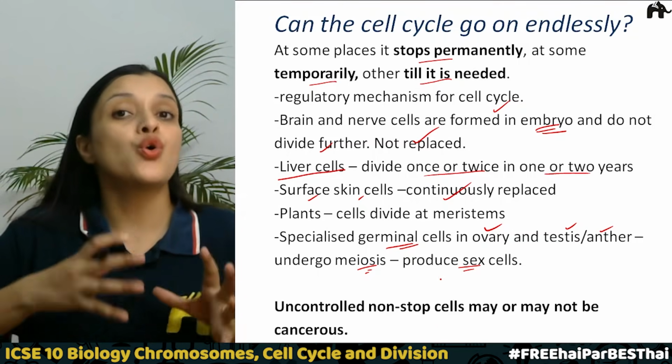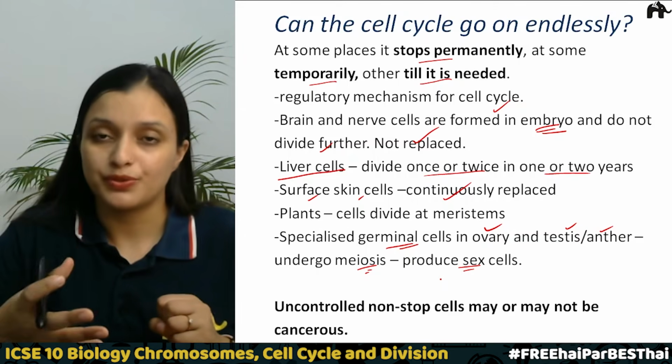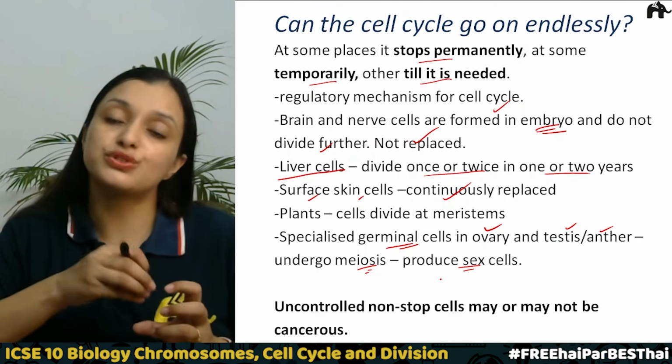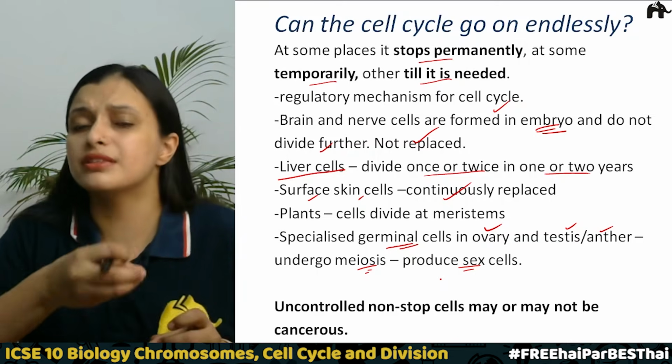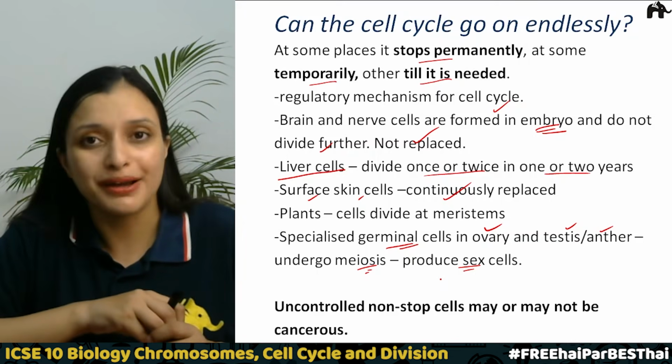So no egg cells are produced after birth. They are produced when that girl child is in the womb of her mother.